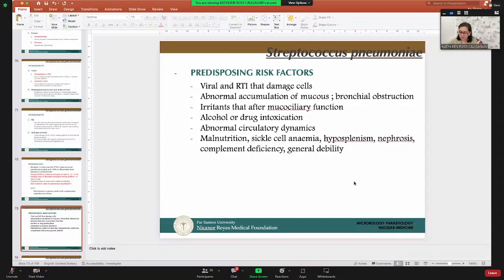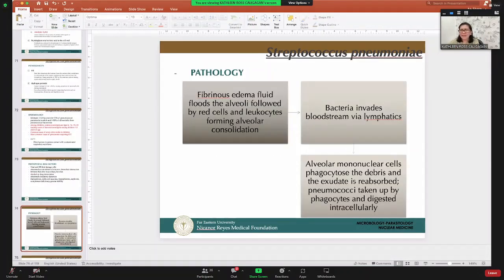Predisposing factors, so just read on that. Pathology: how is the disease formed? Fibrinous edema fluid floods the alveoli, followed by red cells and leukocytes, forming alveolar consolidation, which is appreciated on a simple chest X-ray.